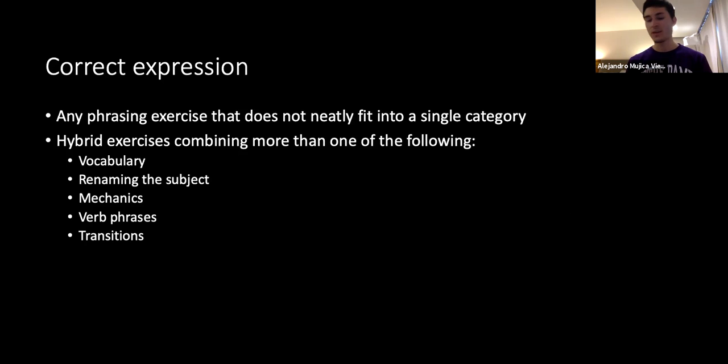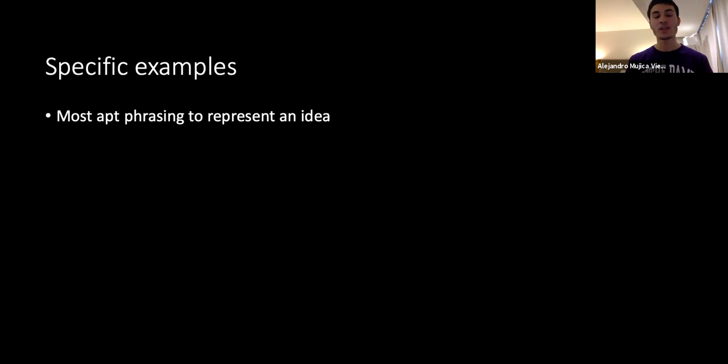A specific example would be the most apt phrasing to represent an idea. So it's not actually about mechanics or verb tenses or any specific word. It's not a sentence. It's not one of those placing things.